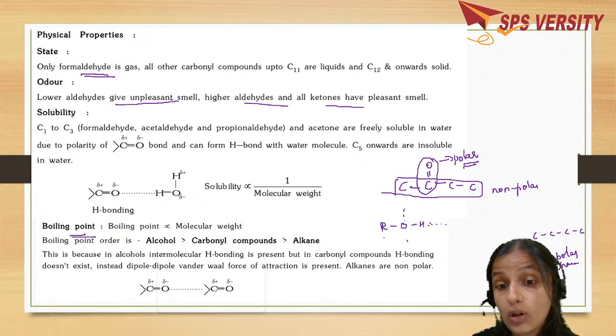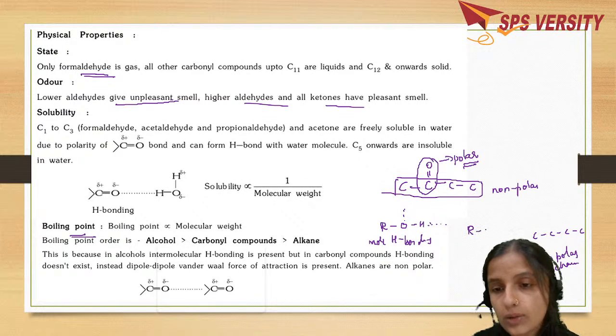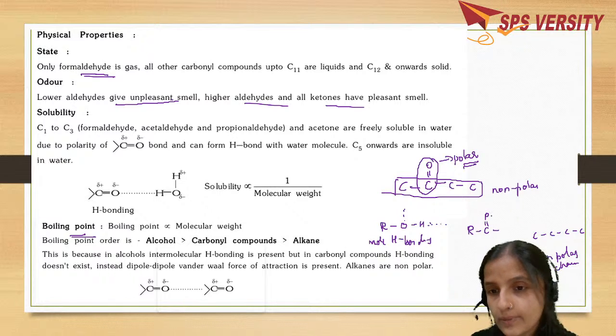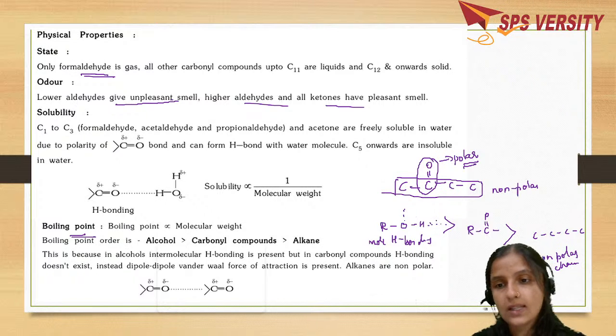So the boiling point of alcohols is comparatively high. For the same molar weight, alcohols have a higher boiling point compared to the carbonyl compounds and the alkanes.